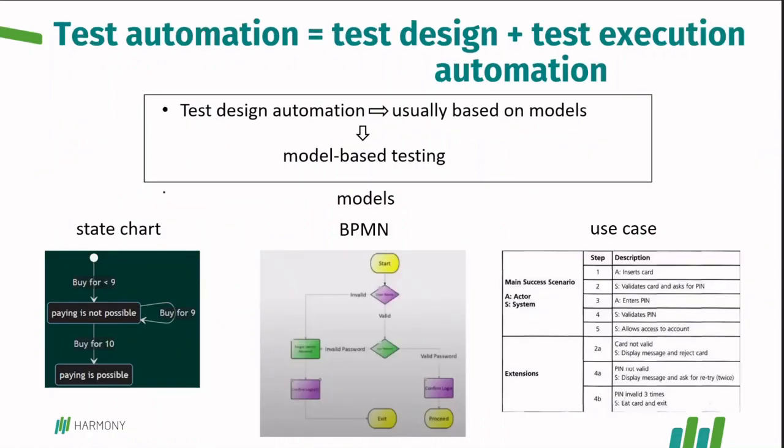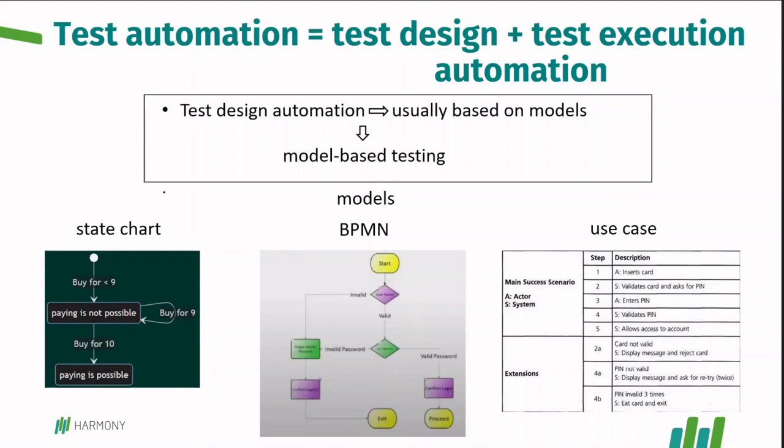So for me, test automation is test design plus test execution automation. Test design automation can be done in different ways, but usually based on models. And that's why we call it model-based testing. There are different types of model-based testing.